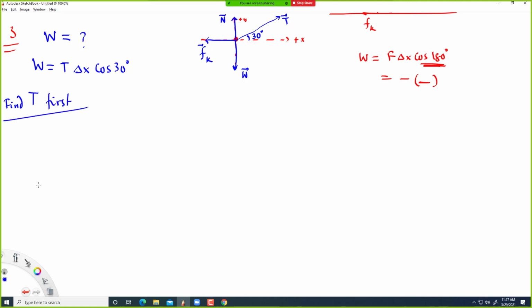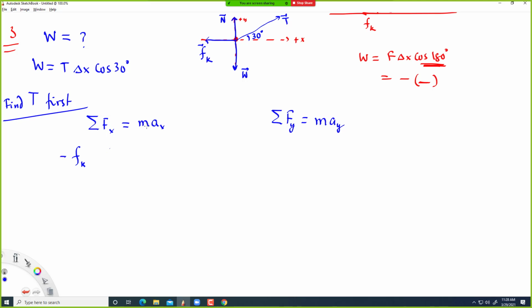So to find tension, let's use the idea that we used before. Consider this as a force problem. So write Newton's second law for x and y direction. So F sub x is max, that's in the x direction, and F sub y is equal to may, that's in the y direction. So what are the forces we have along the x direction? We have this friction force F sub k, and it's negative because it's pointing to the left.